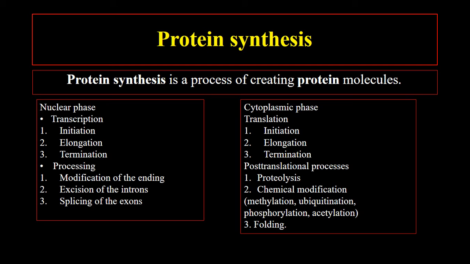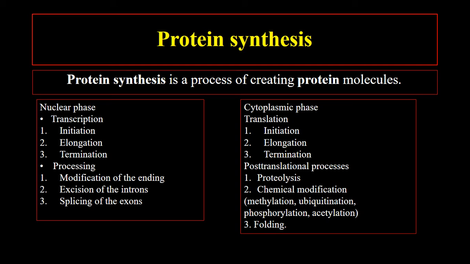Transcription consists of three main parts: initiation, elongation, and termination. And processing consists of three parts. The first is modification of the ends of the mRNA. Then excision of the introns.